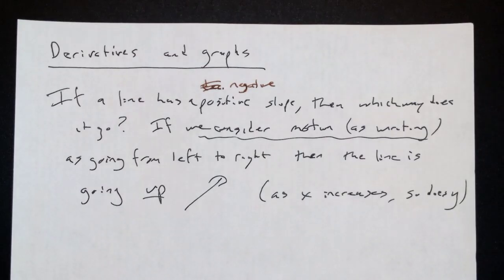If I say as x increases, so does y, then as x decreases, so does y is the same direction, isn't it? That's the same slope. A positive rise with a positive run, a negative run and a negative rise, those go together. That's still a positive slope. Increases, y, decreases. Aha. And in that case, I'll change up to down.